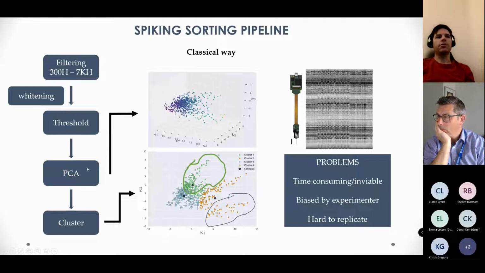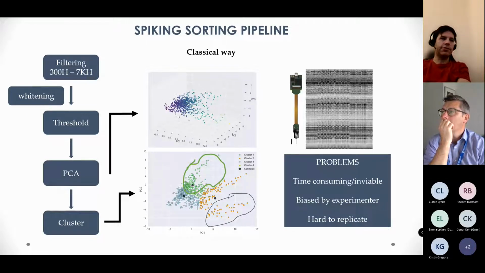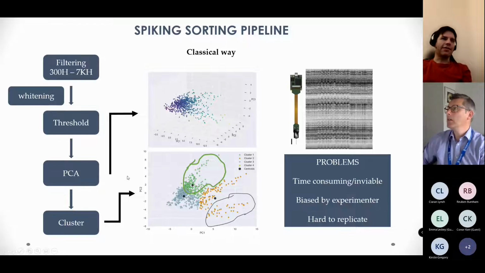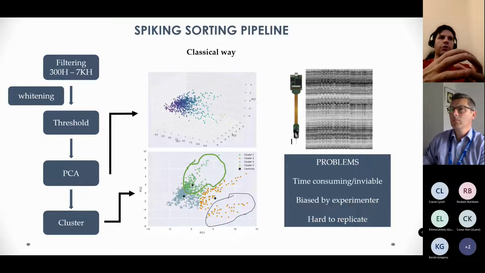And then you do PCA, which would transform this data into another base. Usually it spreads the data.